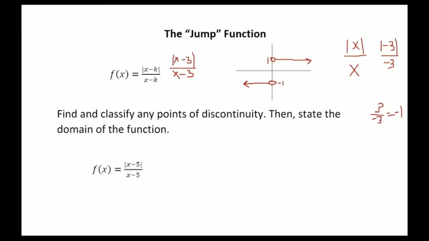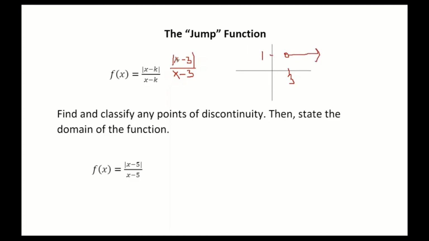We're going to draw this function at 3, with the function going to the right, because it's always going to equal 1. Like if I plug in 10 here, then I get the absolute value of 7 over 7, which is 1.